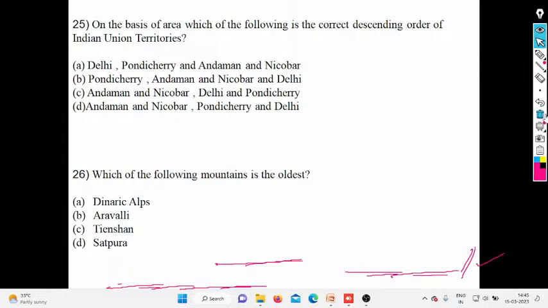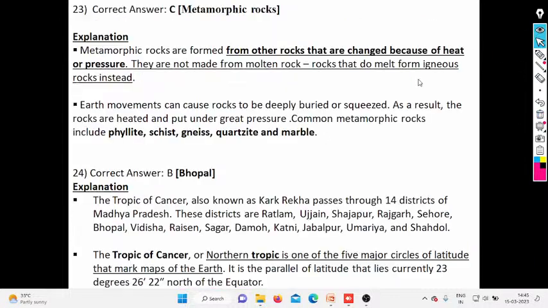Next, on the previous question, I am sorry, metamorphic rocks. Metamorphic rocks are formed directly from both sedimentary and igneous rocks, from other rocks that are changed because of heat and pressure. They are not formed from molten rocks that melt from igneous rocks.